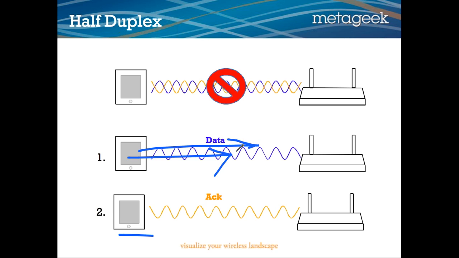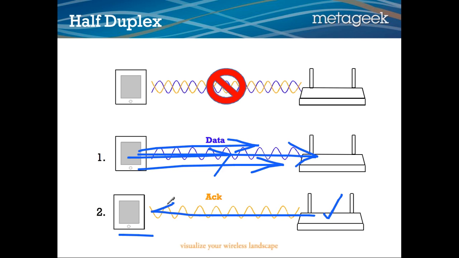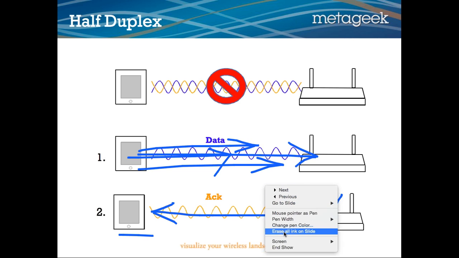So it's going to send the data frame again, and keep resending that frame until finally the frame makes it through and the access point acknowledges it. This is called a retransmission, and we want to avoid those as much as possible because that's repeating ourselves. We want to have quick, clean, and efficient conversations.